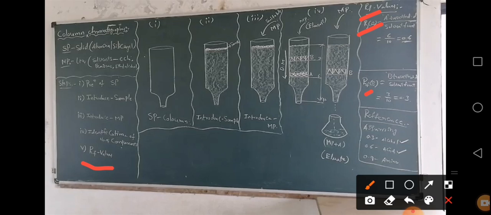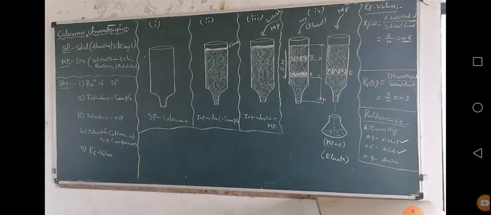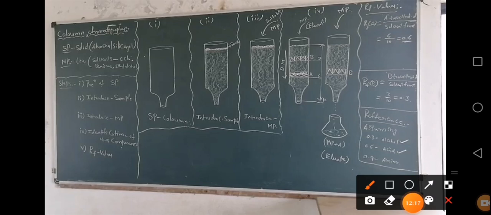Now how do we determine the RF value? With the help of a scale, we have to measure the traveled distance from the fourth diagram. See here, I marked the solvent front distance from here to here. I assume the solvent front travel distance is 10.